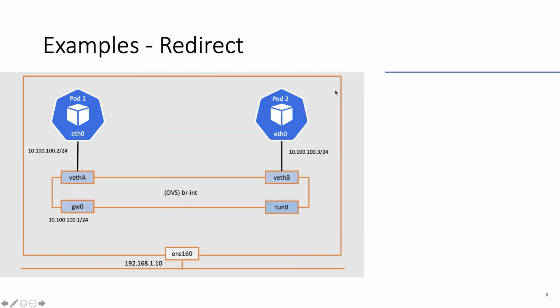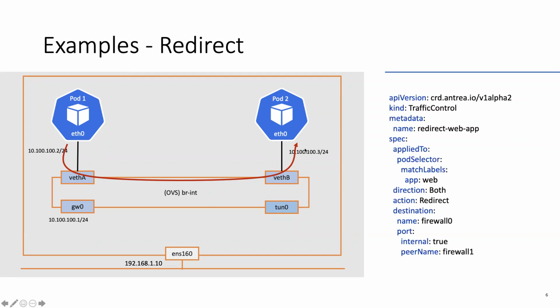And another scenario is redirect. Port 1 and port 2 talk to each other directly, previously. And after we create this traffic control object, this is redirect web app, and we use a port selector to choose these ports, and the action is redirect, and the destination is local ports.